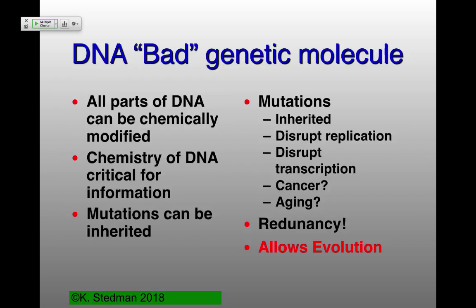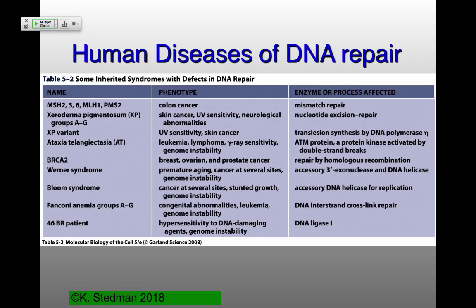So I wanted to mention some of the reasons that people are interested in DNA repair. These are just a few of the genes involved in DNA repair in humans, and they lead to all kinds of things. Important here, you'll see cancer, cancer, cancer, cancer, cancer, cancer, leukemia, etc. So many of these proteins are involved in DNA repair, and when they're mutated, they give people, and in this particular case, lots of these are inherited diseases.